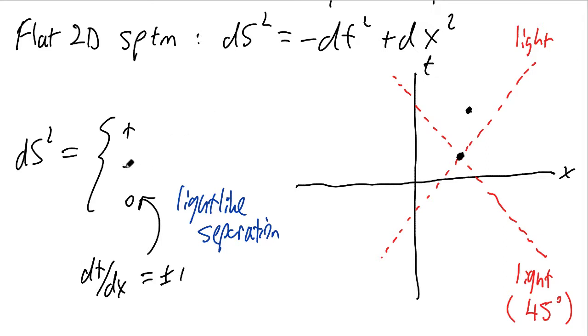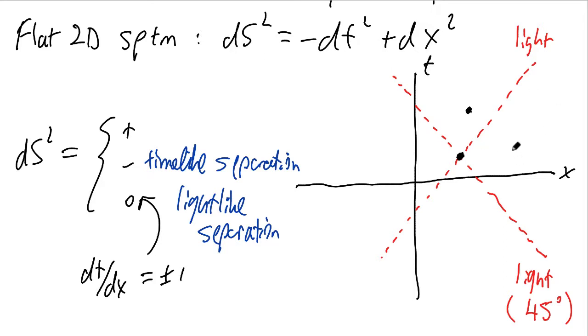Okay, that's the case in which ds squared is negative. And you can see that fairly easily from the line element. The way I've drawn these 2 points, dt is relatively larger than dx. So the minus sign term here is going to dominate and give us a ds squared that's negative.